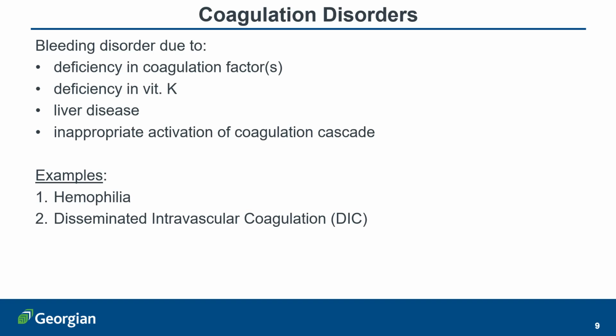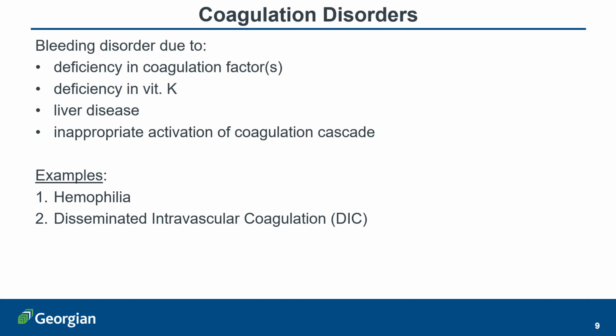to hemophilia B. Deficiencies in vitamin K can also lead to various coagulation disorders because vitamin K is required for the synthesis of various coagulation factors. Liver diseases can also lead to various coagulation disorders simply because the liver is the site of production of these coagulation factors.